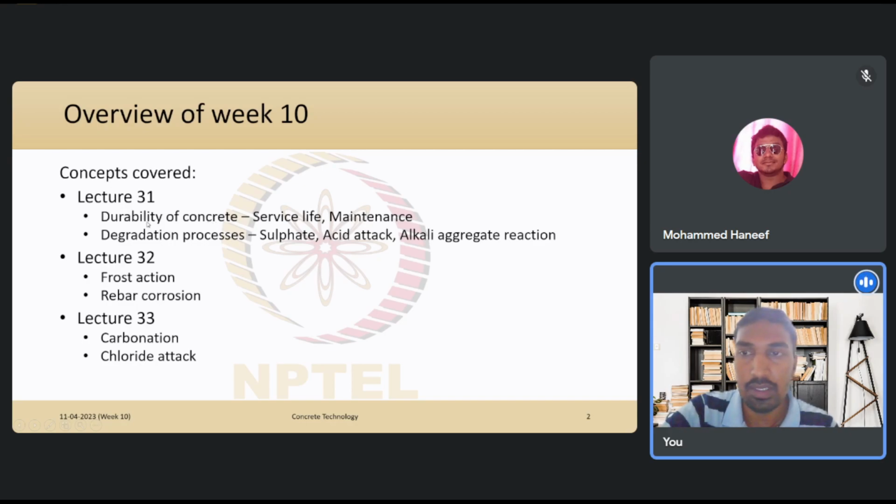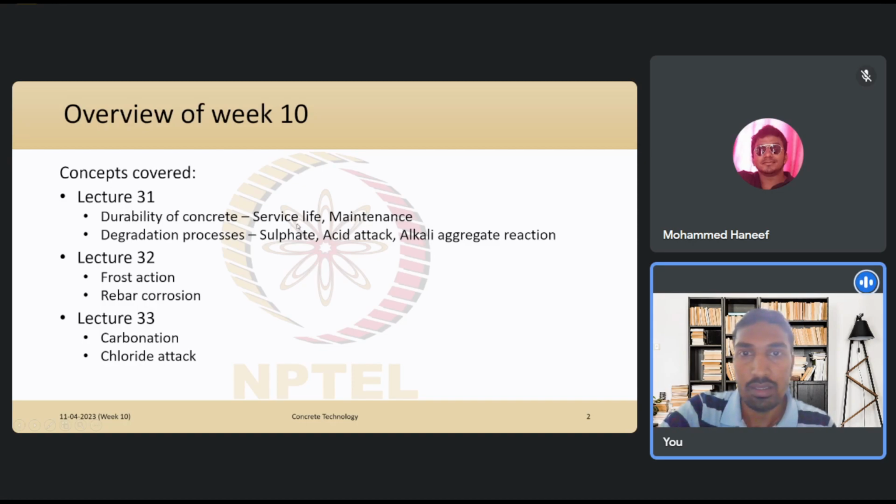It is the ability or capability of the concrete structure or system to provide some minimum performance level when it is subjected to an environment where degradation happens. In relation to that, we looked at concepts like service life. What is service life?